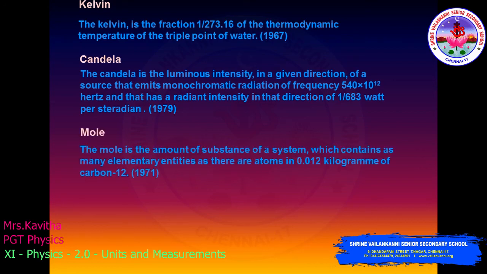Mole: the mole is the amount of substance of a system which contains as many elementary entities as there are atoms in 0.012 kilogram of carbon-12, right? So these are all the definitions of the SI base units.